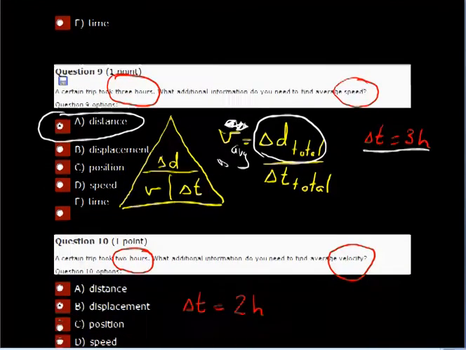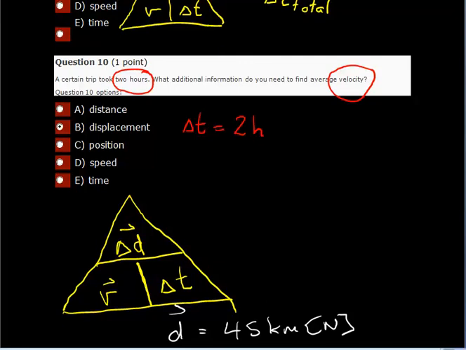And the last question on the quiz: a certain trip took 2 hours. What additional information do you need to find the average velocity? Again, triangle. We know that velocity is equal to displacement, which is your change in position, divided by time.